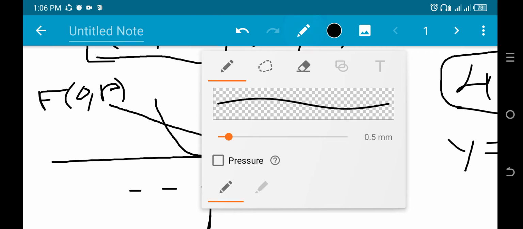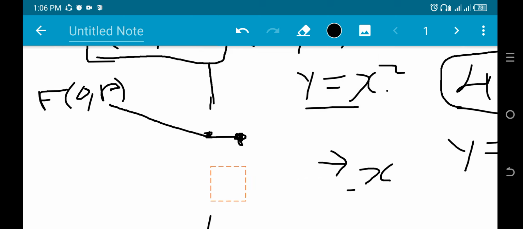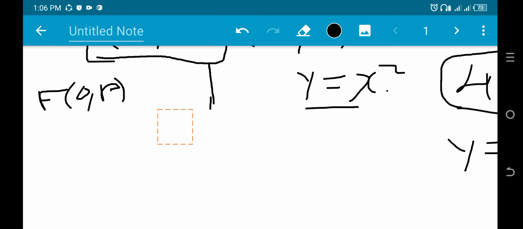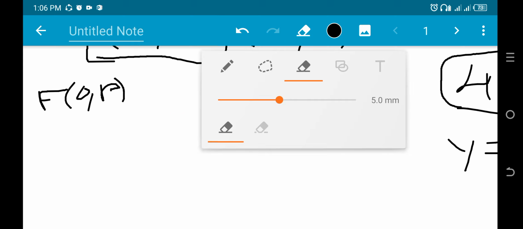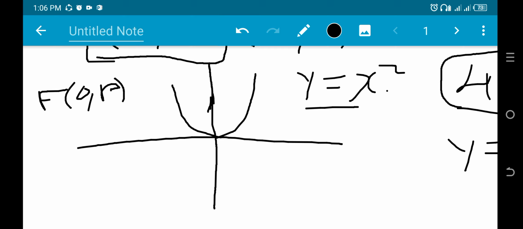So let me just clear up the space so that it makes more sense. So we had the y-axis and the x-axis. We had our parabola, then we had the directrix here. So those were the coordinates. We introduce an arbitrary point here, which will be connecting the directrix and the focus.